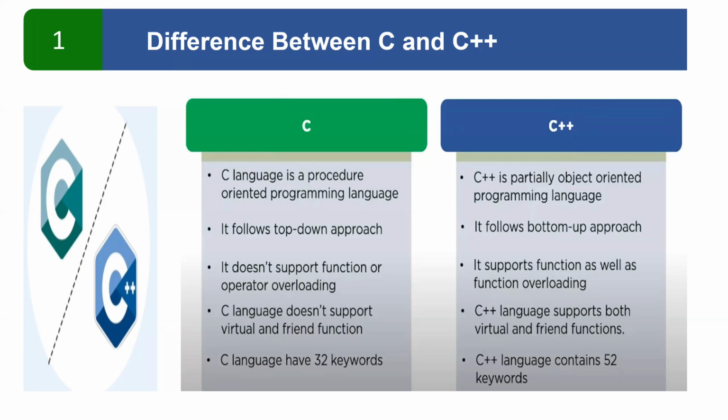C does not support function or operator overloading, and C++ supports function as well as operator overloading. C language does not support virtual and friend functions, and C++ language supports both virtual and friend functions. C language has 32 keywords and C++ language contains 52 keywords.